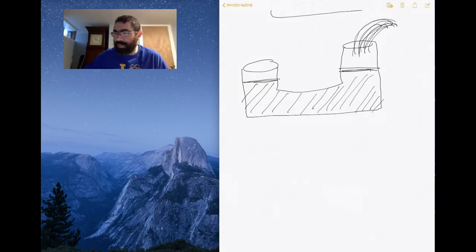So you're going to reach the same height, let's say D, of the fluid on both sides.